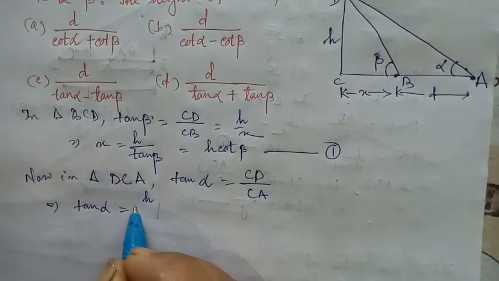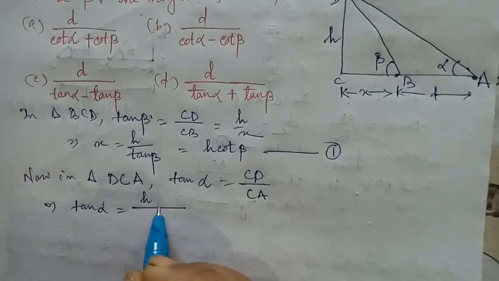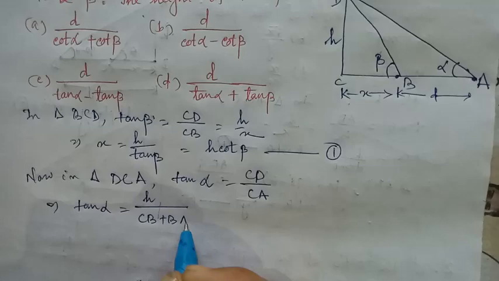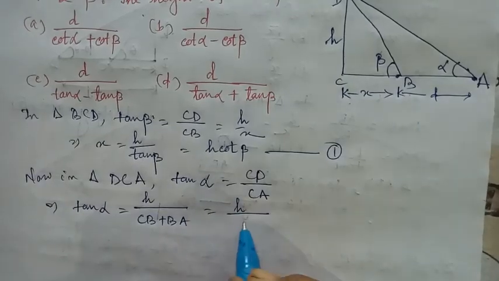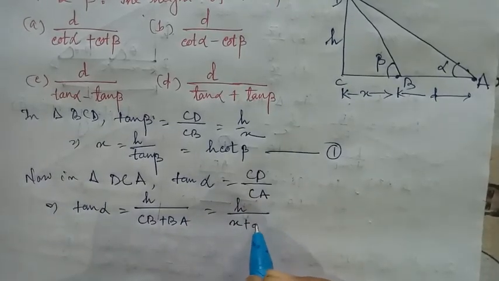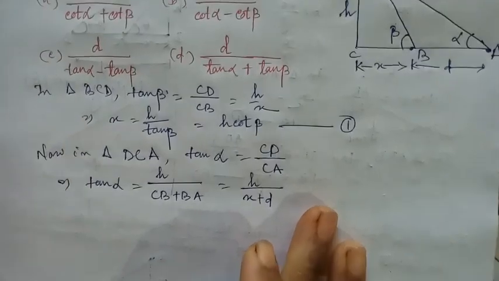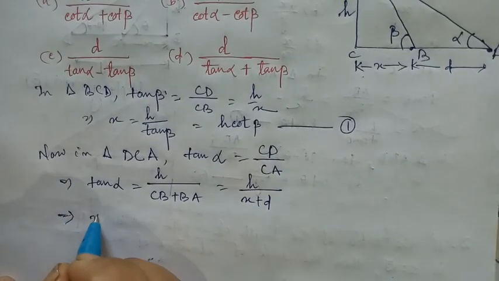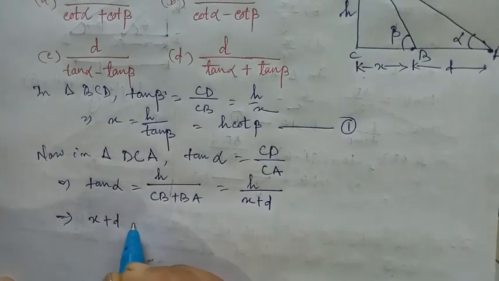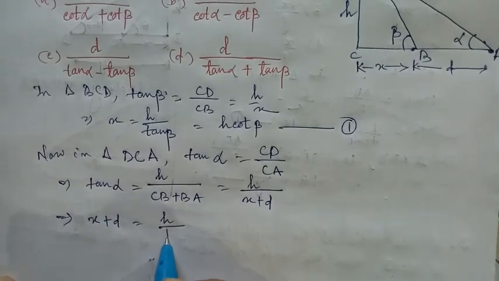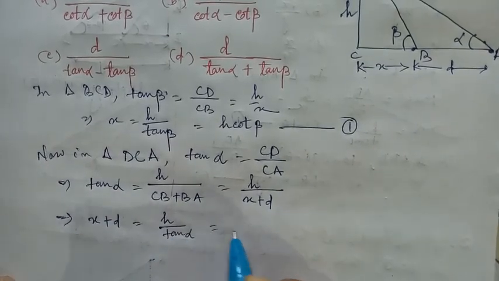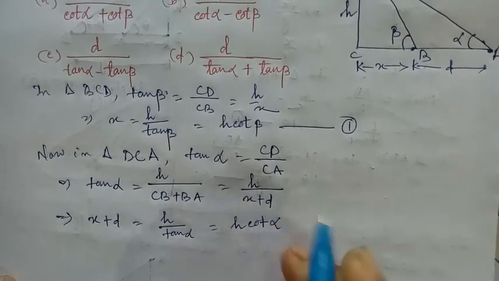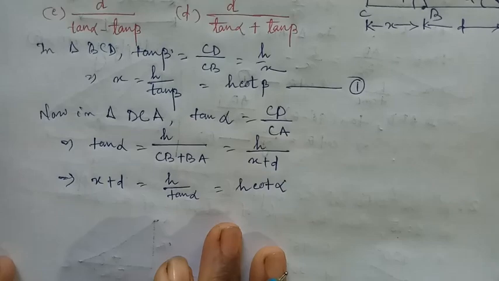H upon CA, which can be written as CB plus BA, is equal to H upon x plus d, or implies x plus d is equal to H upon tan alpha is equal to H cot alpha. 1 upon tan alpha is cot alpha.